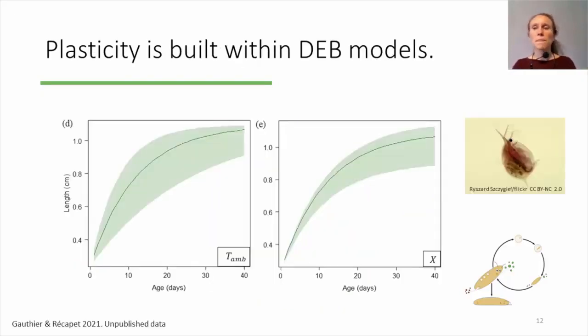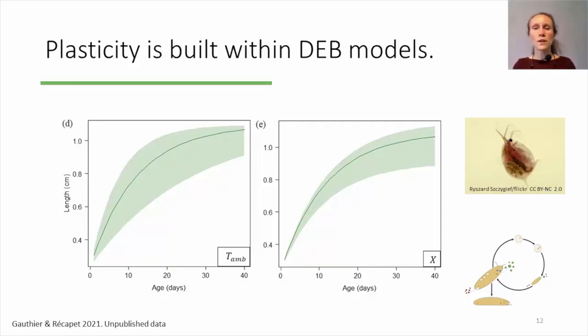This means that actually plasticity is built within the DEB model. So remember that plasticity is a response to environment, so having a different phenotype depending on the environment. And that's actually what a basic DEB model does.